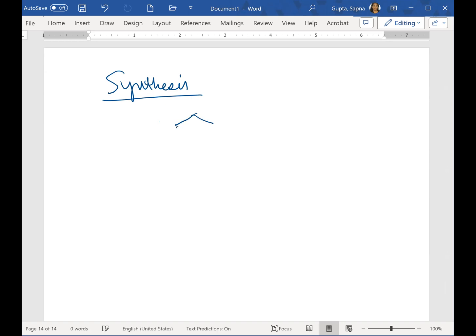So if I ask you to make something like this. Here you have a cyclopentane, and I'm asking you to make an ether. And you're looking at this and probably thinking, I don't know where to start. So let me show you how you can start.